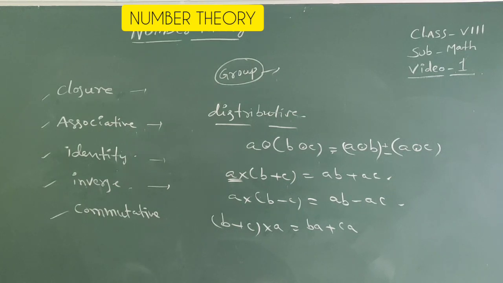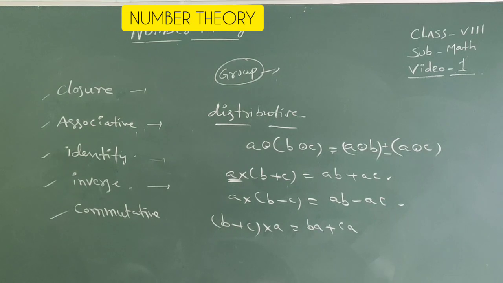Rational numbers is a group with respect to the operation addition. It satisfies closure, associative, identity, inverse and commutative also. With respect to multiplication also it's a group, because rational numbers satisfy closure with respect to multiplication, associative with respect to multiplication, identity with respect to multiplication, that is 1.